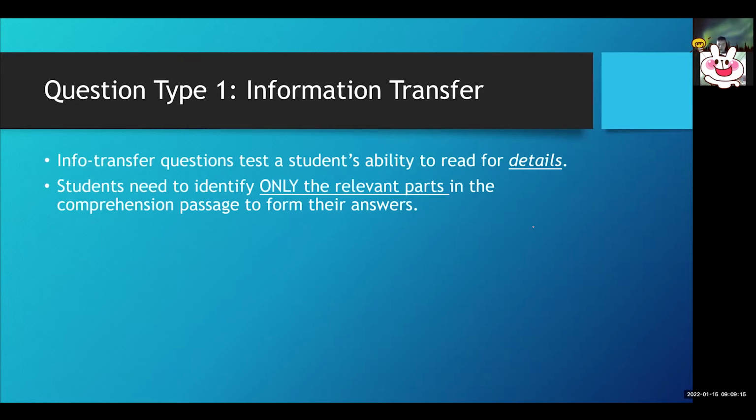Now in primary 3, most of the time, comprehension, you've been doing a lot of tick boxes, check boxes, all these, right? Over time, primary 4, you still get some of those ticking boxes. But in primary 5, primary 6, all those tick boxes will be gone. Maybe only one. The rest will all be open-ended.